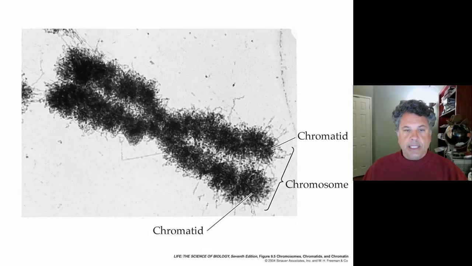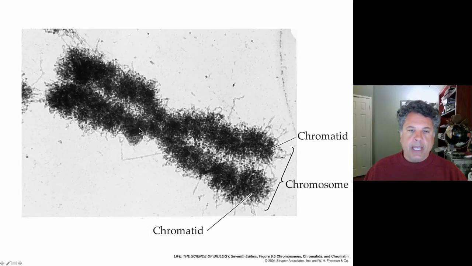So let's look at a highly condensed state of chromatin. This is the metaphase chromosome when the chromatin is in its most highly packaged state at the time of mitosis, mid-mitosis, metaphase of mitosis, when the chromosomes are highly packaged and getting ready to be separated. And at this stage, you can see that the chromosome actually consists of two chromatids, two sister chromatids.